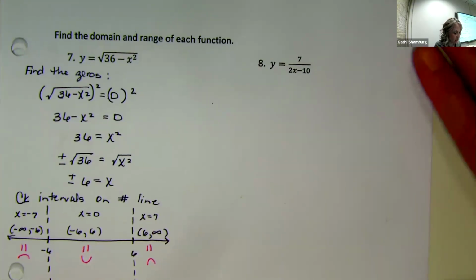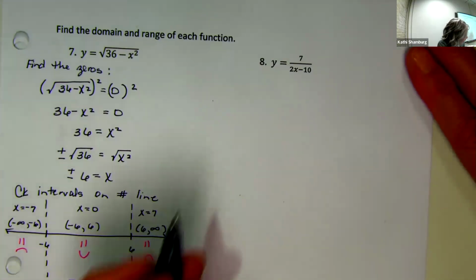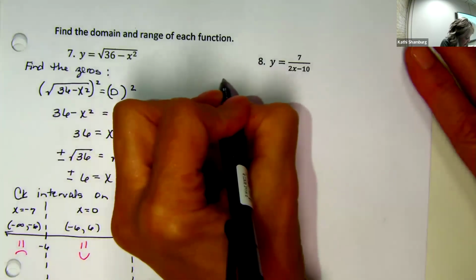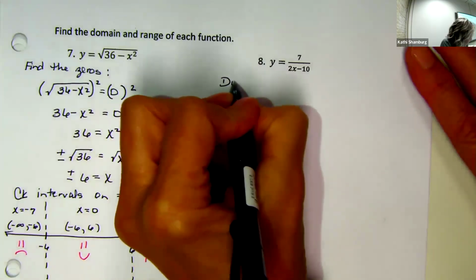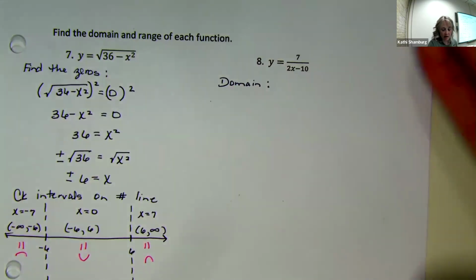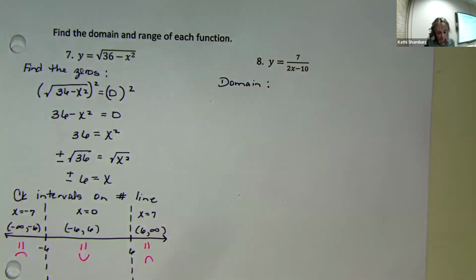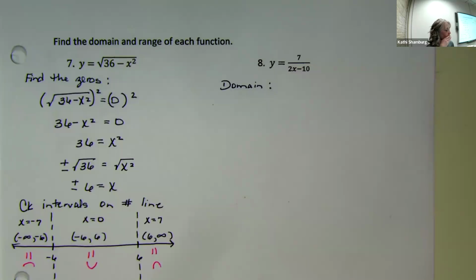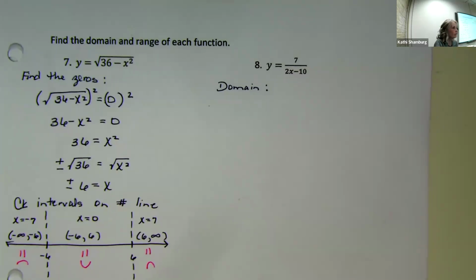Now we have a rational. All right. So domain is your allowable x values. Okay. So look at that equation. What do we need to be careful of with rational equations? Where does there become a problem? The denominator cannot be what? 0.